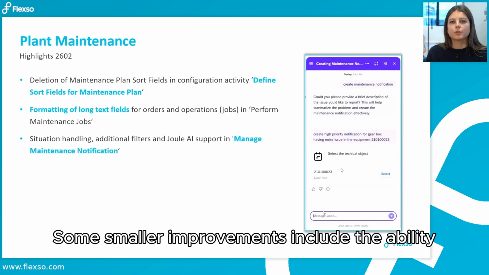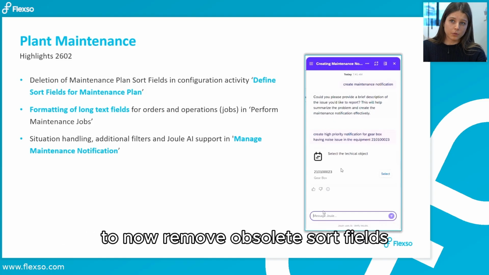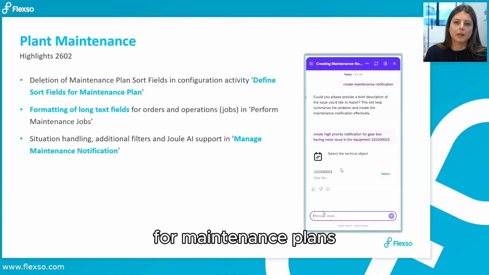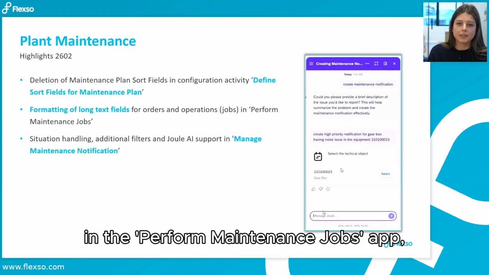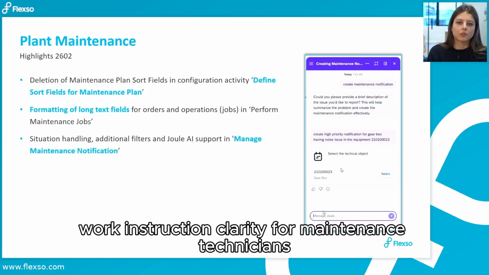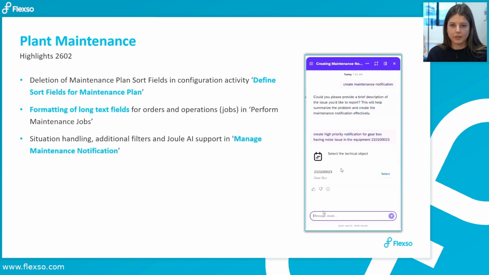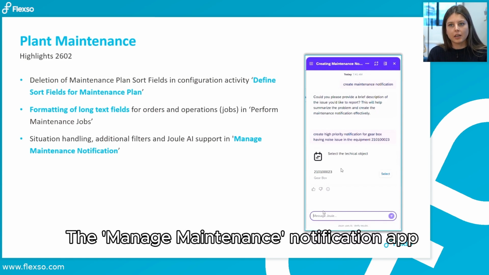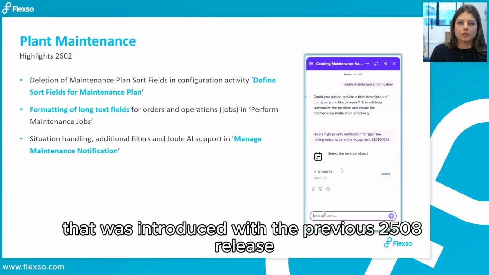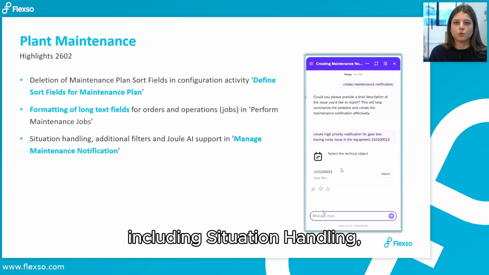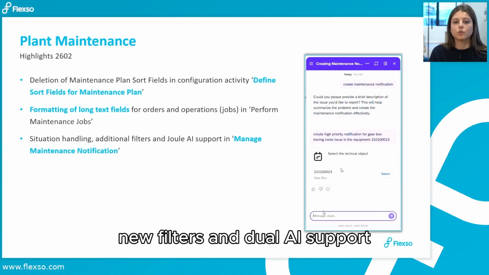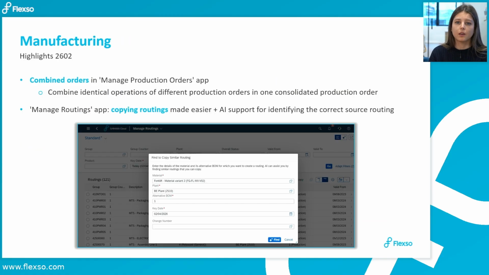Some smaller improvements include the ability to now remove obsolete sort fields for maintenance plans, and also richer text formatting for order and job long text in the Perform Maintenance Jobs app, which will increase work instruction clarity for maintenance technicians. The Manage Maintenance Notification app that was introduced with the previous 2508 release also gets updates, including situation handling, new filters, and Joule AI support.